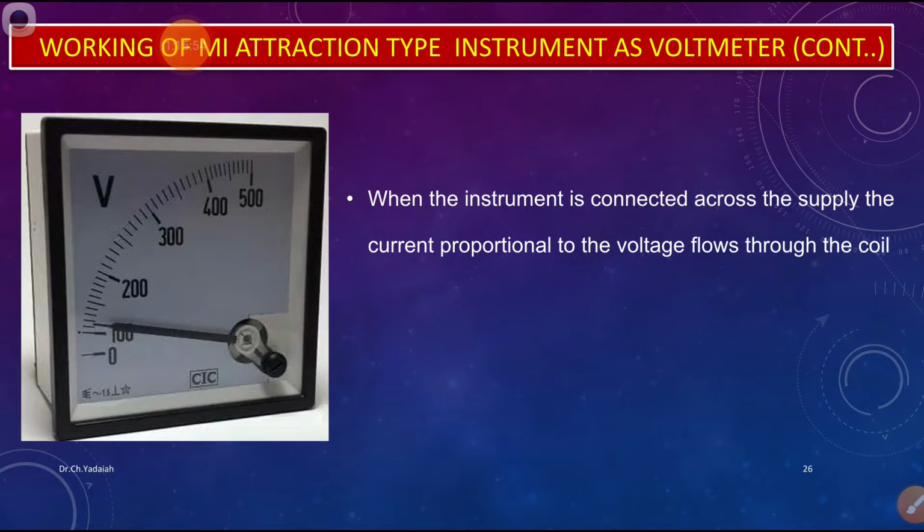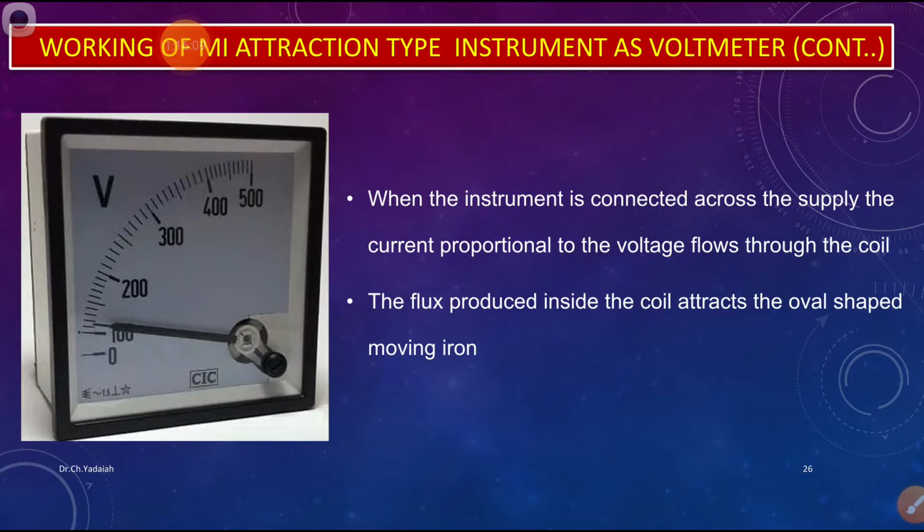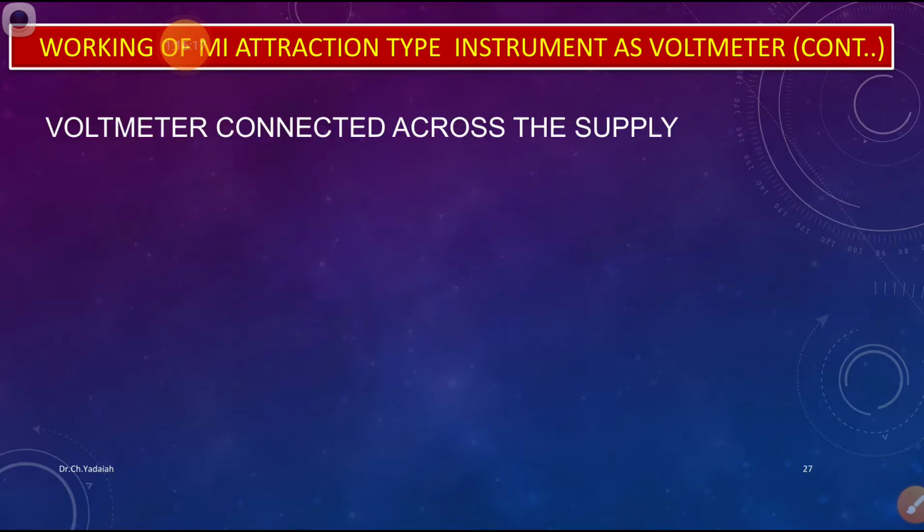Now, the working of the moving iron instrument as a voltmeter: the flux produced inside the coil attracts the oval shaped moving iron. As a result, the moving vane moves inside the coil.